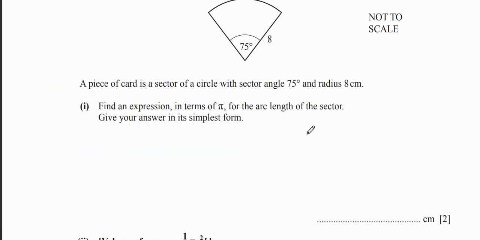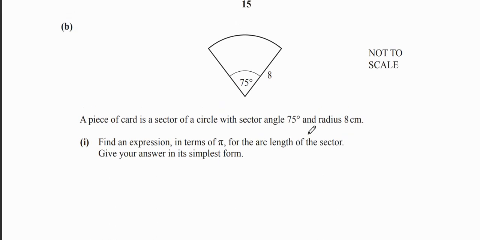Next question says that a piece of card is a sector of a circle with sector angle 75 degrees and radius 8. Find an expression in terms of pi for the arc length of the sector. First of all, this is the radius, this is the angle. They have given you the angle and the radius, and they want you to find the arc length. Formula for arc length is theta upon 360 multiplied by 2 pi r. Remember this.